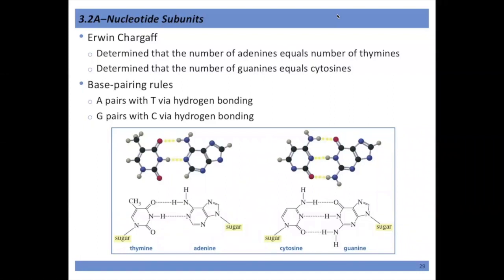Thymine has a complementary base pair set up to adenine. This lone pair right here can hydrogen bond with the hydrogen on thymine, and these lone pairs on that carbonyl can hydrogen bond to adenine.